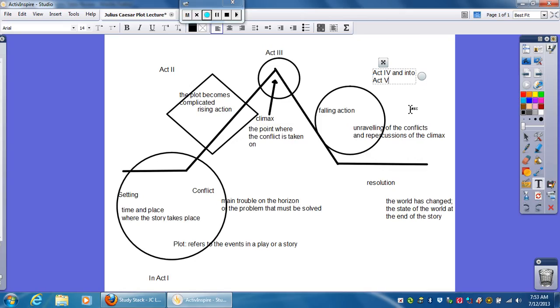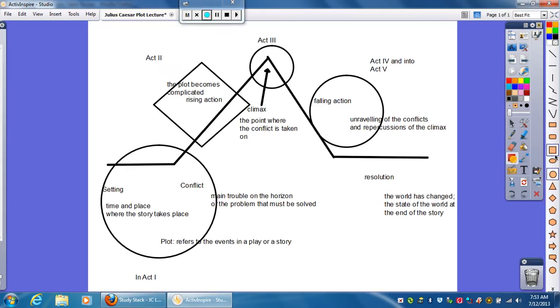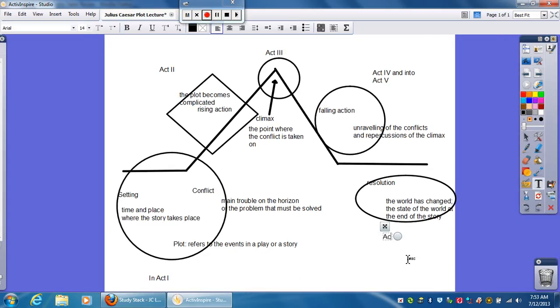And sometimes falling action can start as early as Act 3. But then what you'll notice too is our Act 5, usually the last couple of scenes of Act 5 are when the resolution is done. So this part tends to take place in Act 5.